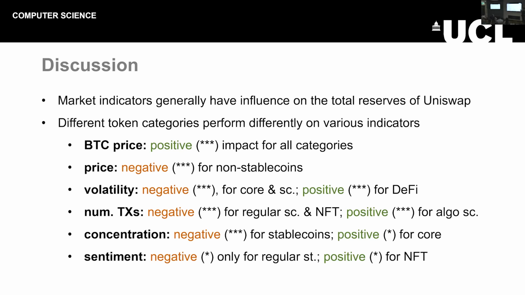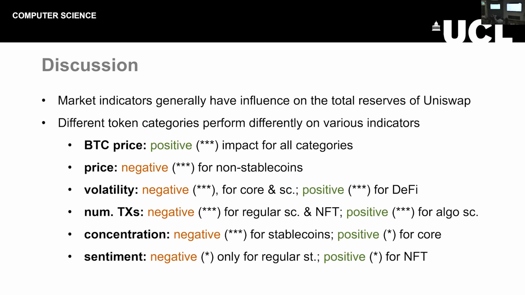When the price goes up, maybe the demand for the token also goes up, and you may want to change your token to another token. So the total reserves of this token will go down. But it's only for the non-stable coins, because the stable coins show very stable prices.